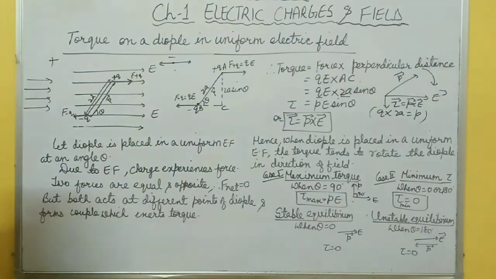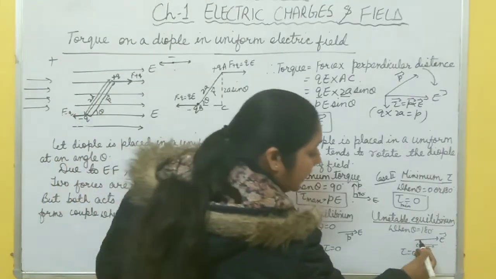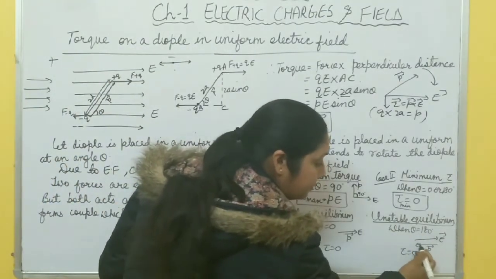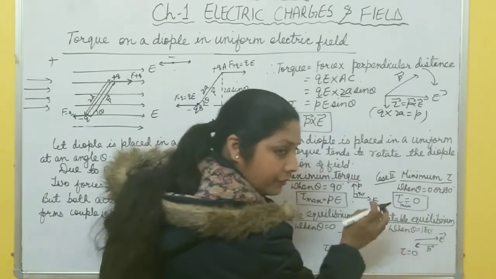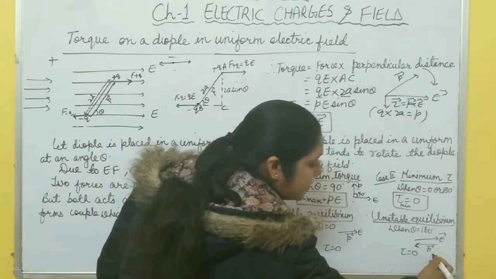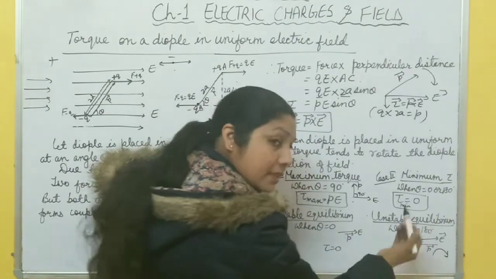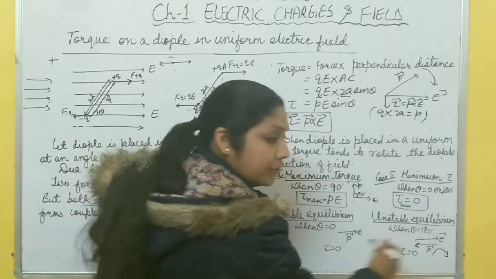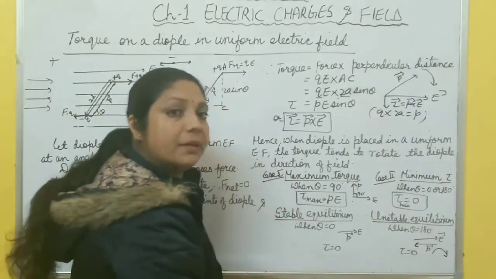What is unstable equilibrium? Unstable equilibrium is when the body does not return to its original position. Electric field is in this direction, dipole moment is in this direction. When you place this dipole in this field, the dipole tries to orient in the direction of the field, and then after that it remains in that position, does not come back to its own position, right? And this condition is unstable equilibrium.